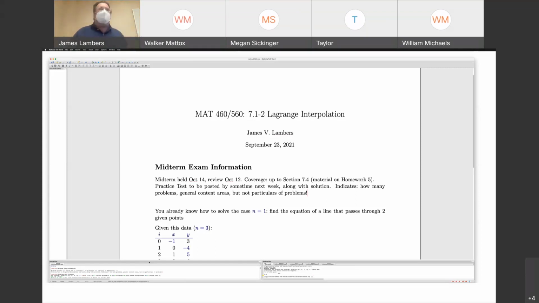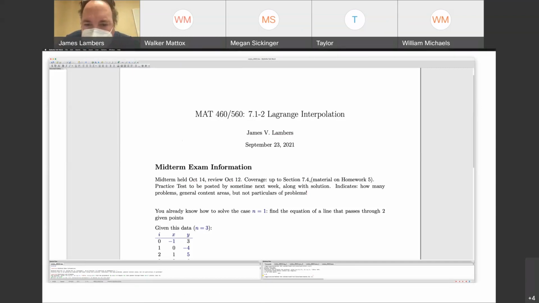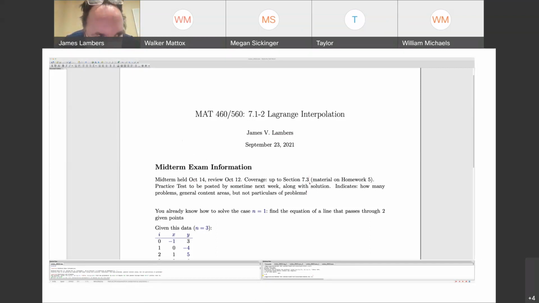So plenty of information will be forthcoming. Now, one thing to keep in mind, though, is when I look at the schedule, actually looking at the practice test, the last section that I actually have is not 7.4, but rather 7.3. And that section I will be spending all of next week on.